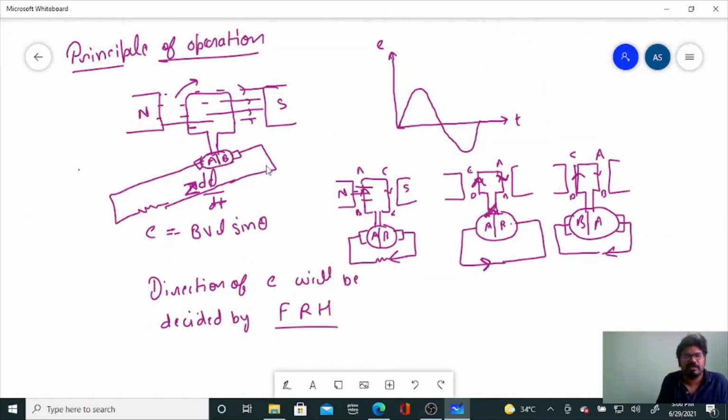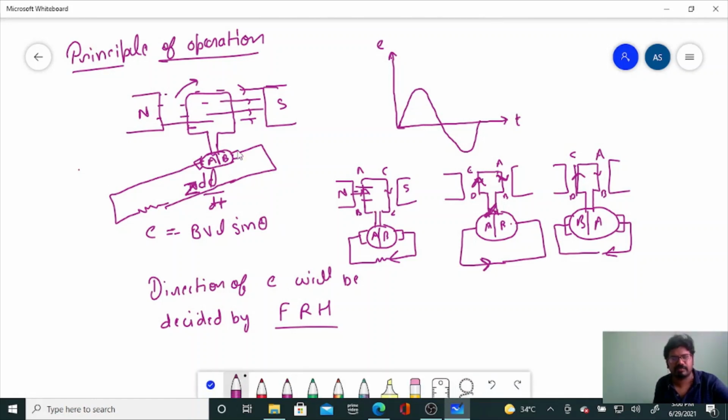So here under the south pole your induced EMF will be positive, and here under the north pole it will be negative. Okay, fine. Then we will discuss the construction one by one.